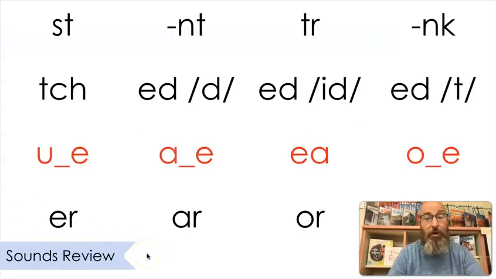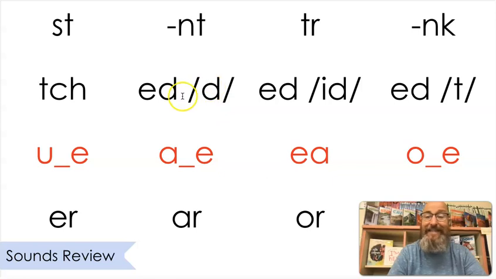All right, now let's go over some sounds that we've already learned this year. Some of these are different R-controlled vowels. I see some digraphs. I see one digraph. I see some blends. Let's go through and do these sounds together. St, nd, ter, nk, ch. We know ed can make three sounds.